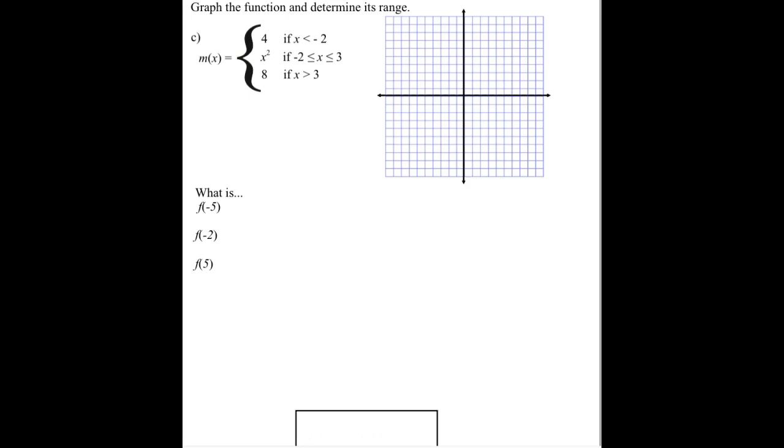So I have 2 places where there is a break. There's one break at -2. All right, we're changing that, and then we're changing again at 3. So go ahead and put your dotted lines in at -2 and at +3.